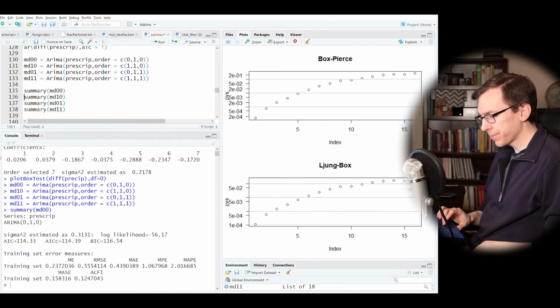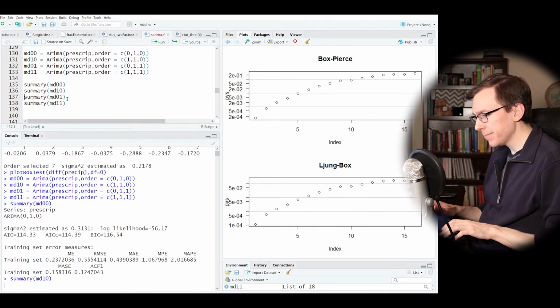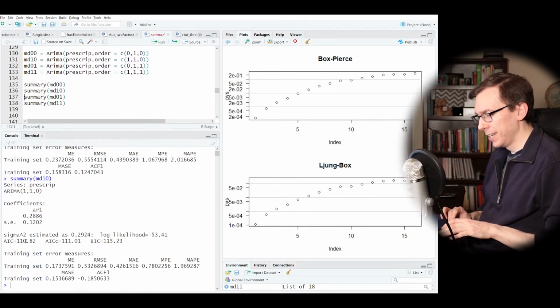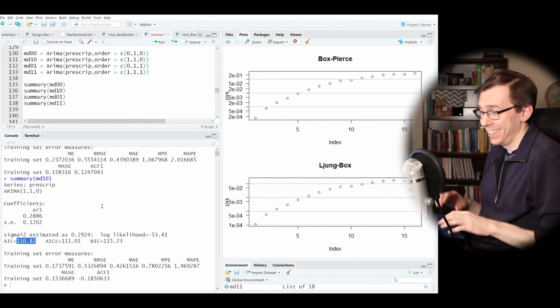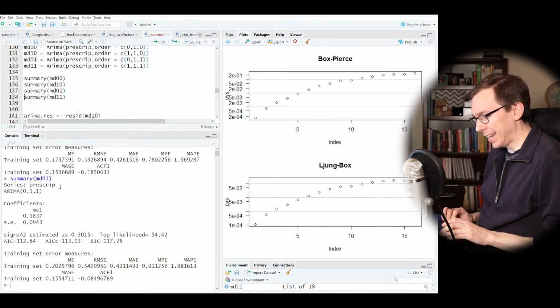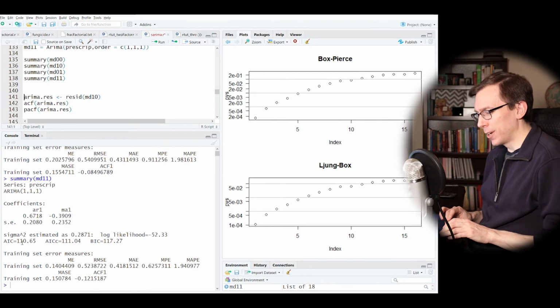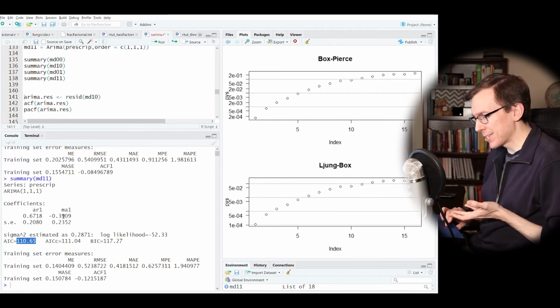Well, this one, as a baseline, gave me an AIC of 114.3. If I look at the AR1, now I'm at 110. That looks better. If I do the MA, I get a 112. That's a little bit worse. If I do the ARMA 11, I'm at 110, which is really similar to the previous one.